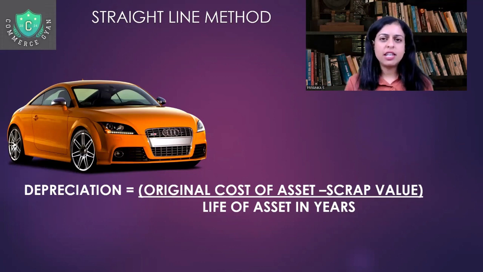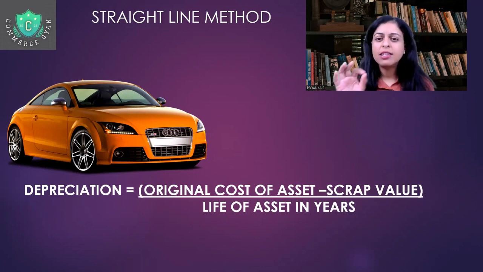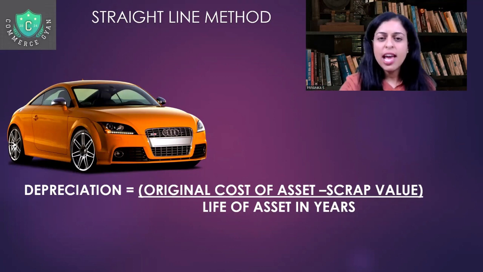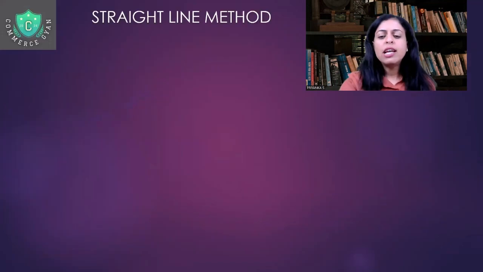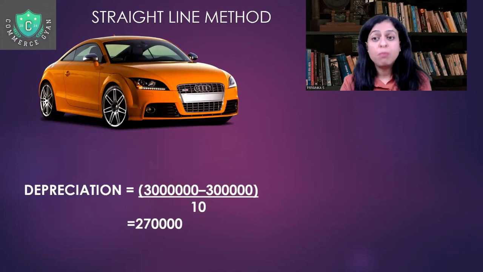And divide this entire thing by the life of the asset in terms of years. So original cost minus scrap value, and this entire thing divided by the number of years or the life of the asset.